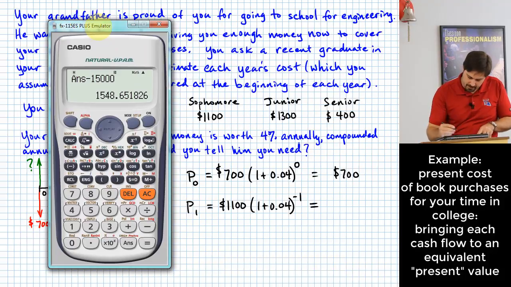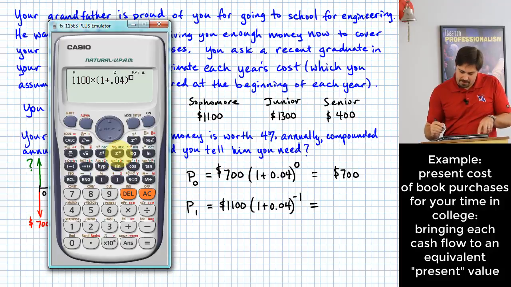Well, let's see, 1,100 times 1 plus 0.04, and then that gets raised to the negative 1.